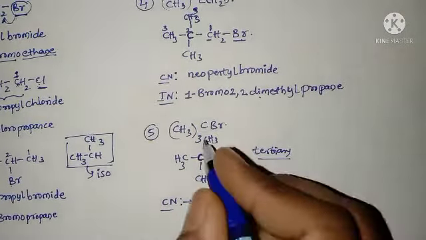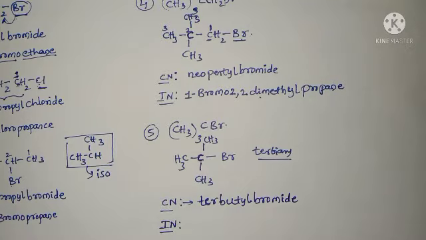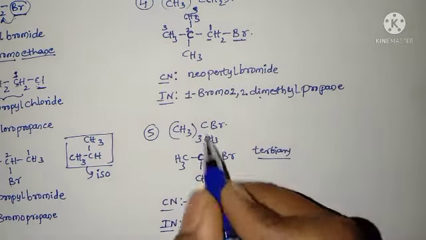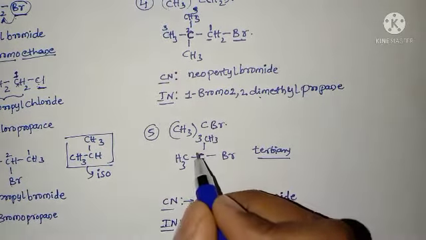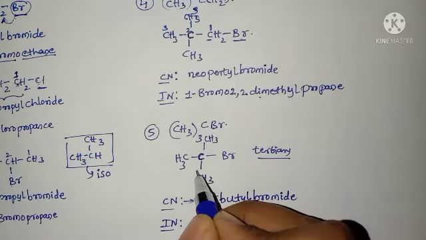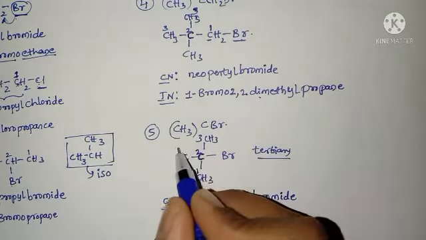Tertiary butyl bromide is the common name of this organic compound. For the IUPAC name we have to select the longest chain of the carbon atoms, and here the longest chain is the first carbon atom, second and third.